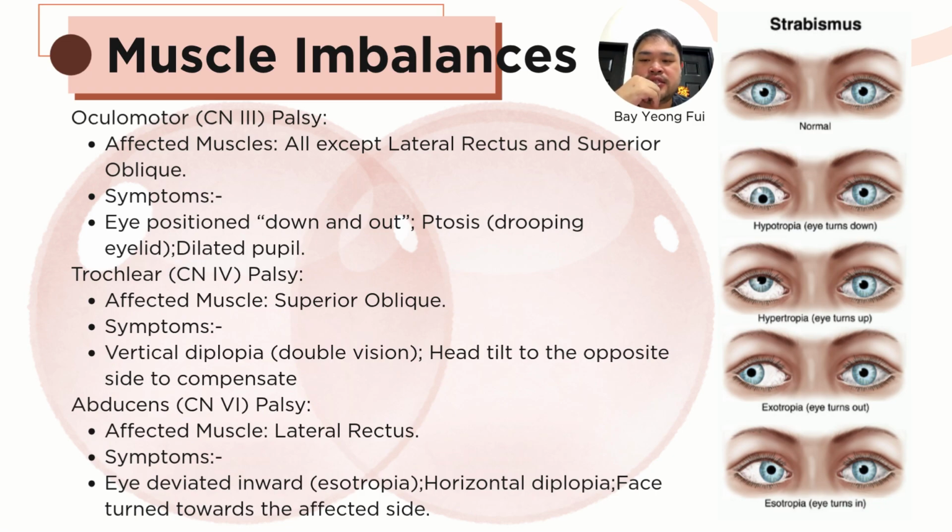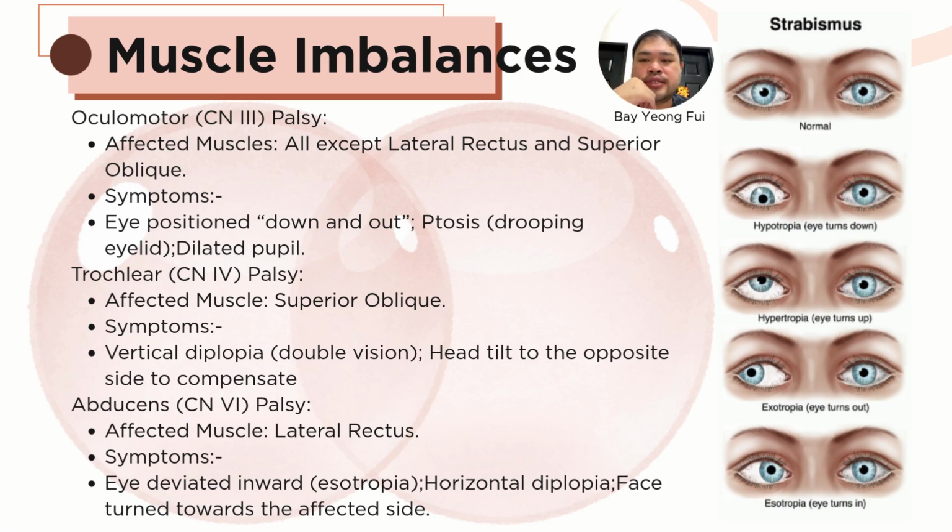The affected eye typically appears down and out because the lateral rectus and superior oblique are unopposed. Other symptoms include ptosis and a dilated pupil due to loss of parasympathetic innervation.